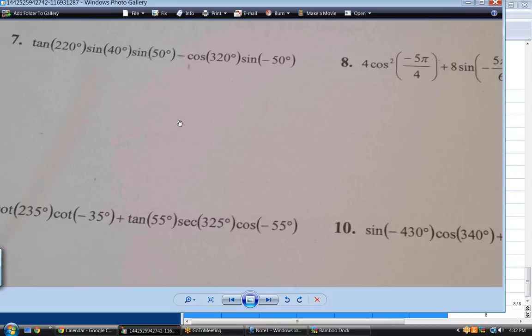I kind of like it because it's almost like a preliminary step to verifying trig identities. Most people hate verifying trig identities. But I can tell you right now that if you know your first 11 trig identities really, really well, it won't come that hard to you. It's a little bit of a puzzle. You kind of have to guess, and sometimes you can go in the wrong direction.